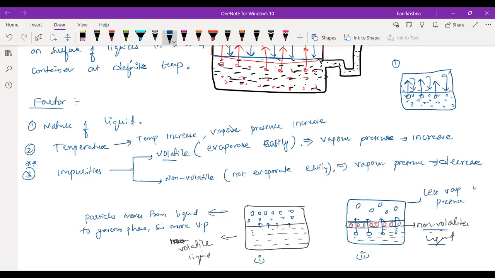Did you understand these two points? Any doubts in these? No, sir. Clear, sir. Whenever you add a non-volatile component, what is going to happen to the vapor pressure? The vapor pressure will decrease, right?